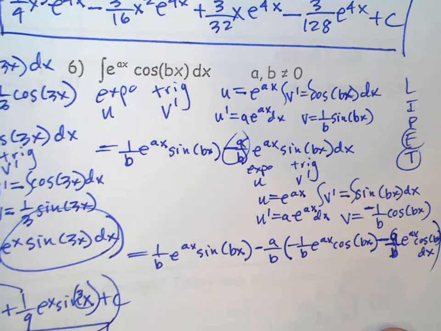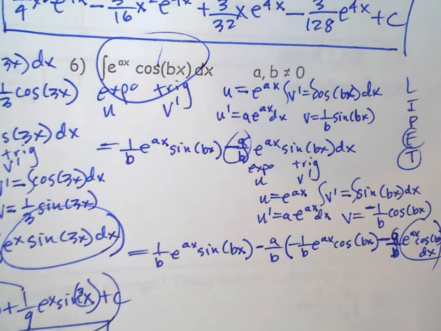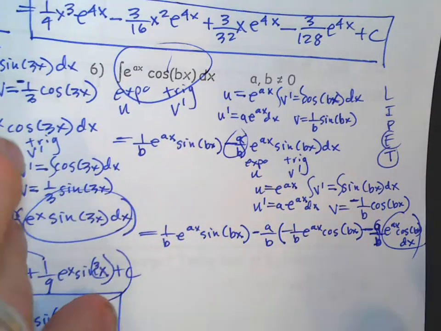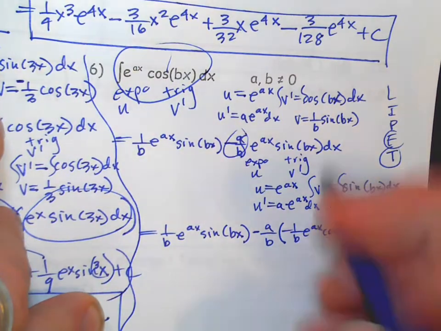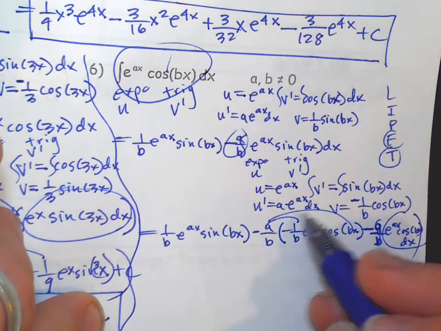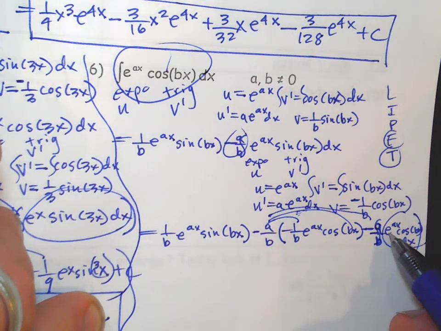Now, we are finally back to where we started. So we're going to move that to the other side. Now we have to distribute these. Negative a over b times that would be positive a squared over b squared.